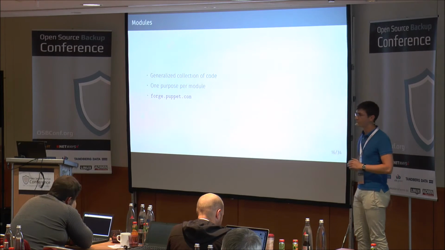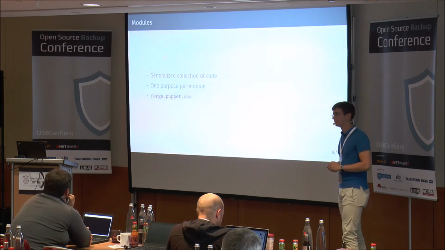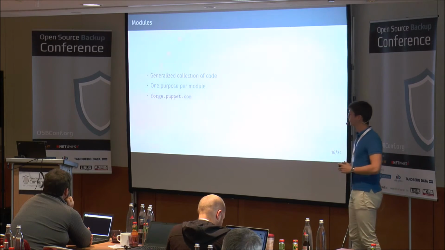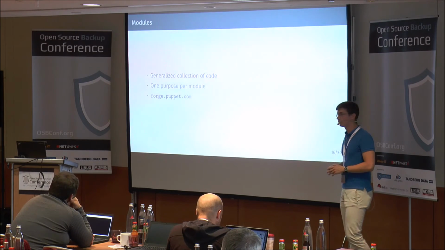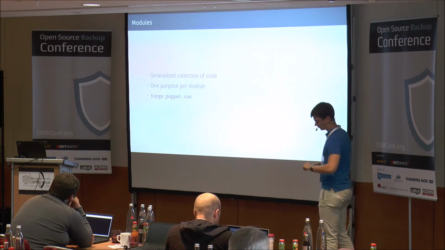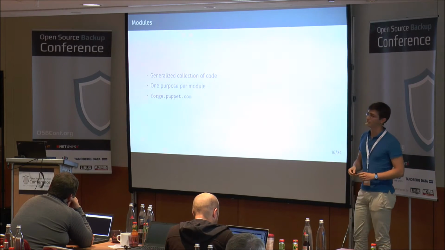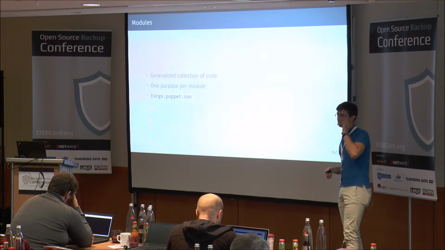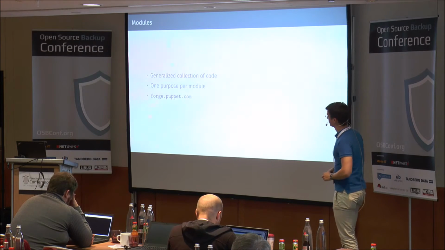So, modules, as said in the other talk, are a generalized collection of code. Normally, you have only one purpose per module, and most of the time these modules are on Puppet Forge, so forge.puppet.com.